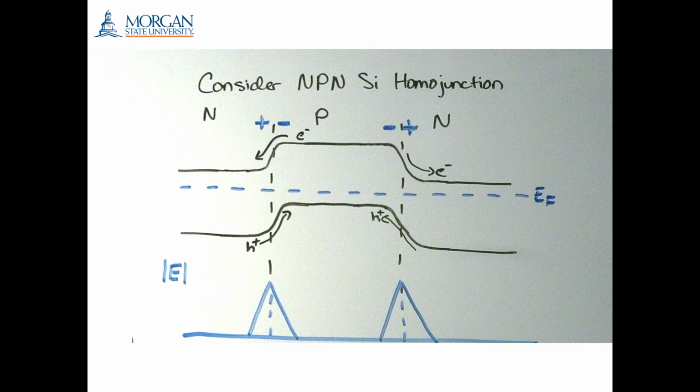When you take the derivative of the energy, I find that in the flat band regions, I get zero electric field, and that my electric field is always the highest at the junction. So that's something to remember: the electric field is always going to be the strongest at the junction.